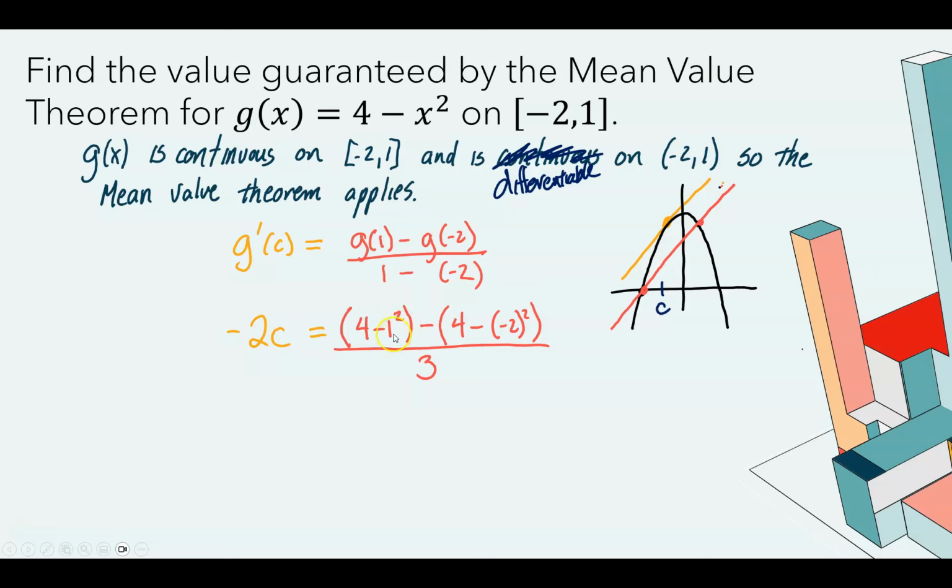Then we just keep simplifying. Still negative 2c on the left, and on the right, 3 minus 0 over 3. And you can see we're just going to get c is equal to 1 over negative 2. Negative 1/2 does seem about right.